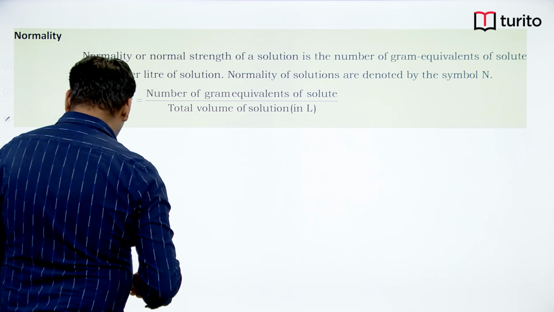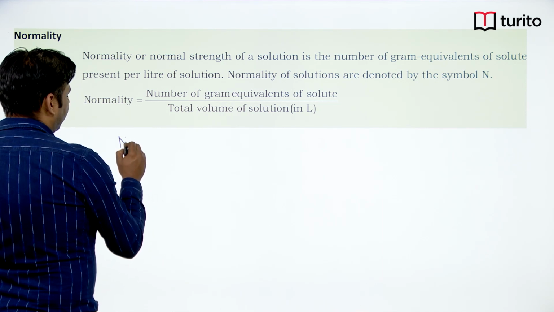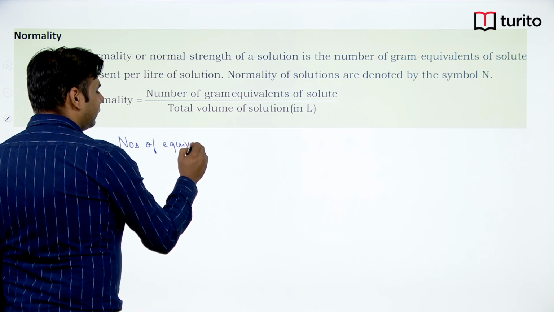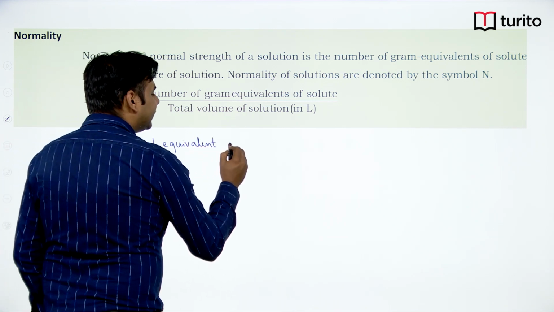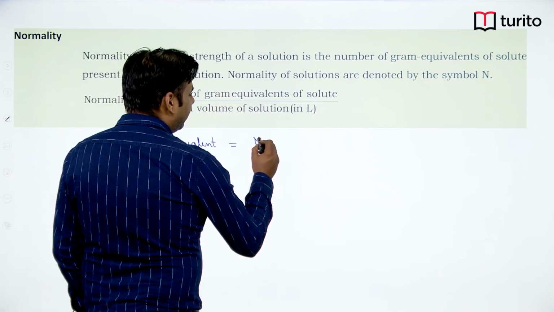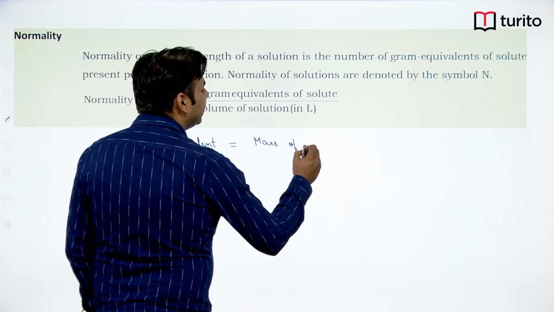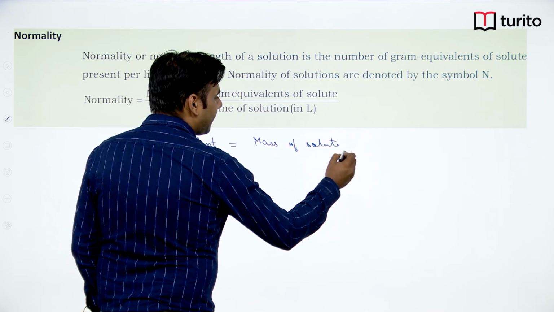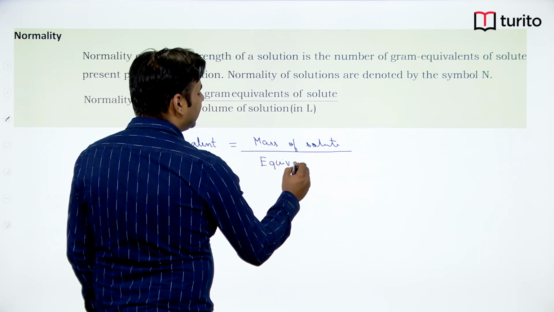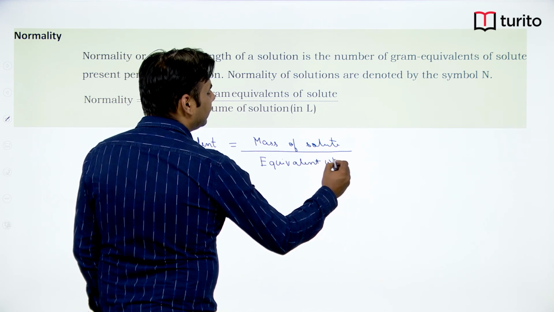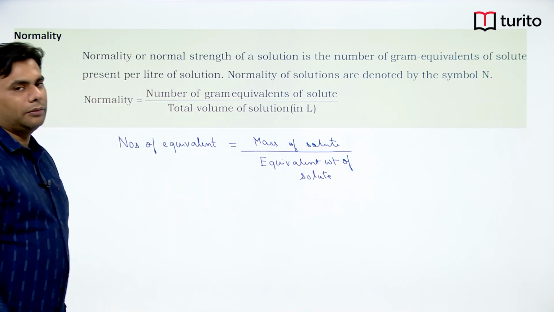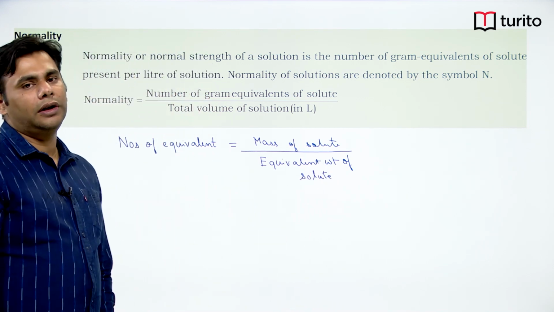So how do we calculate the number of equivalents? The number of moles was mass upon molar mass. So the number of equivalents would be mass of solute divided by equivalent weight of solute. In the mole concept we talk about molar mass, in the equivalent concept we talk about equivalent weight.